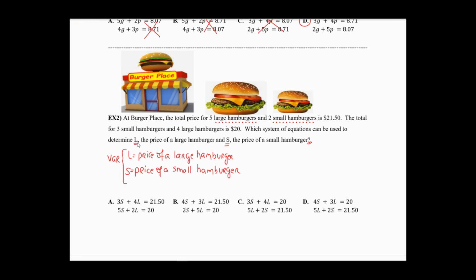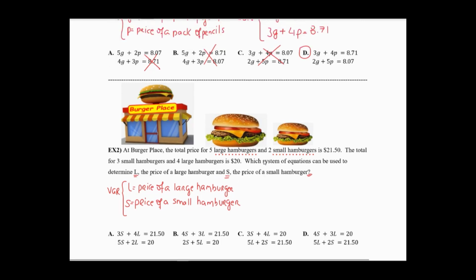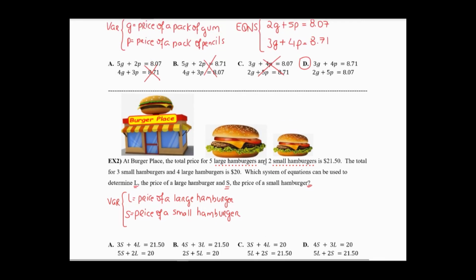So for example, here a letter L is a very good variable that represents large hamburger, and S represents a small hamburger, okay? But it could be that this could be X and Y. So be on the lookout on the STAR test for those letters that they ask you to use, and what they represent. That's why it is very important to write what the variables are.